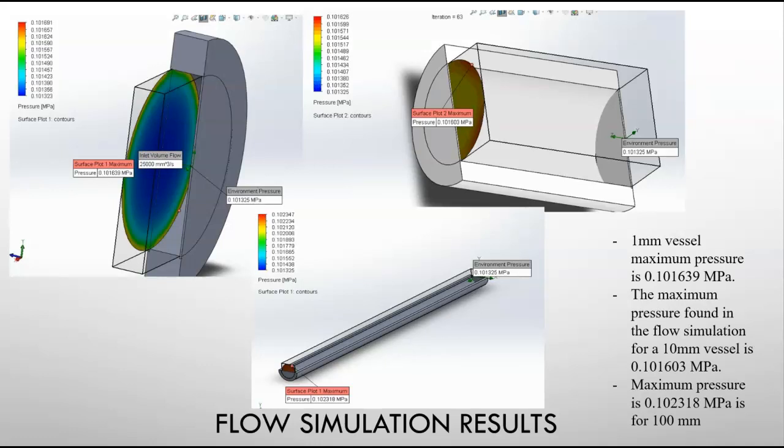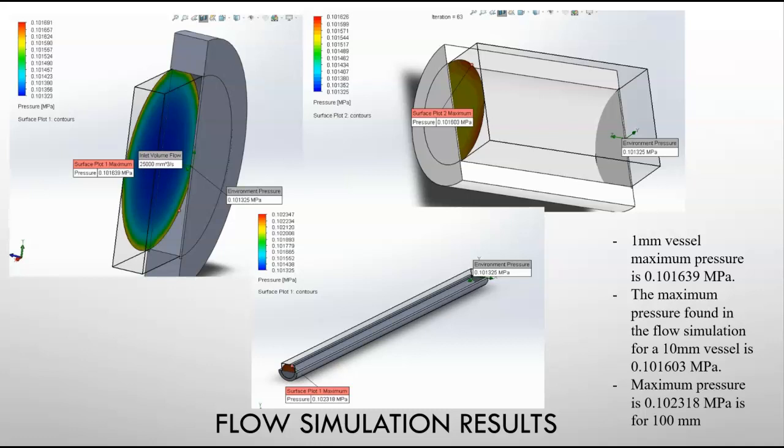These are my flow simulation results. So I didn't apply any of the materials to any of them. This was just purely the flow simulation. I modeled these. I made the outer diameter 7 millimeters, and I made the inner one 5 millimeters. I extruded it to the desired length that it needed to be.